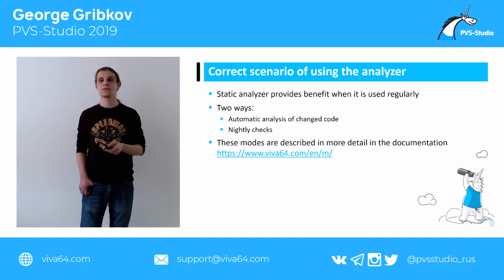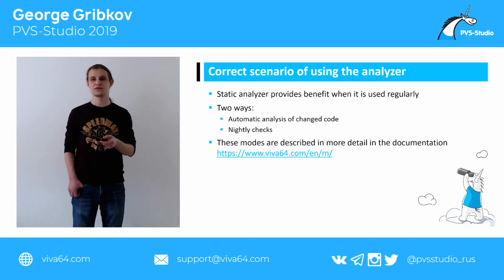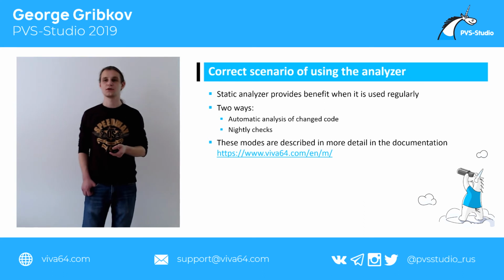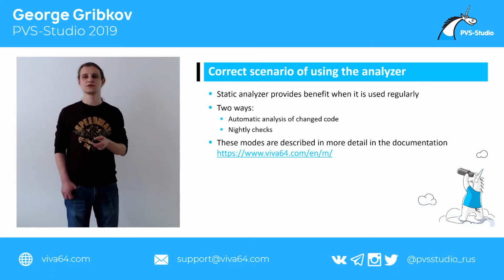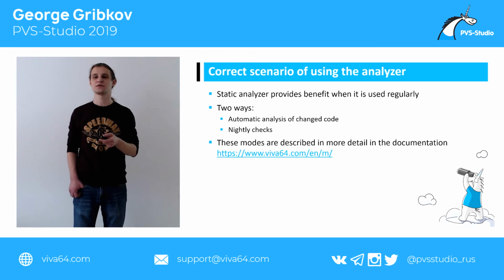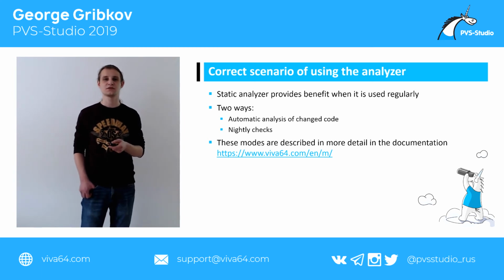At the same time, only those errors that appeared in the new code will be present in the analyzer report. The second option is to configure night checks using the CI system. We support many such systems. You can learn more about how to configure automatic analysis on the server in the documentation.